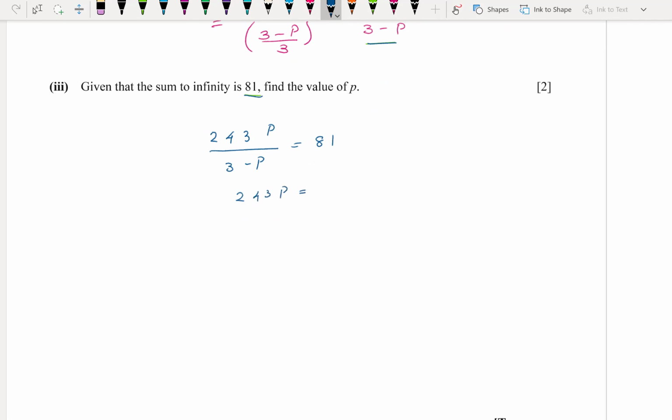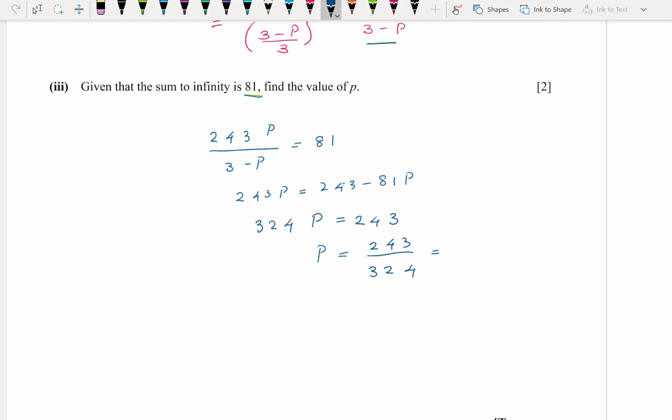243p is equal to 243 minus 81p, right? So from that, add 81p to this side, and it is going to be 324p is equal to 243. Therefore p is equal to 243 divided by 324.